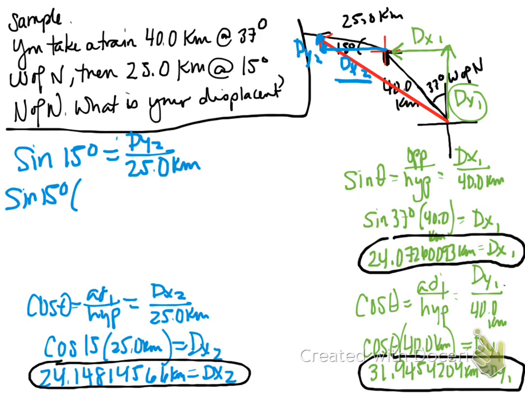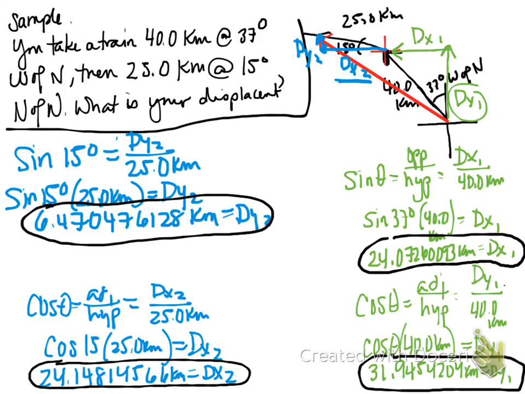Sine of 15 times 25.0 kilometers will equal dy2. Okay, so I'm getting 6.47047612 kilometers is dy2. Now, we've got all those figured out.